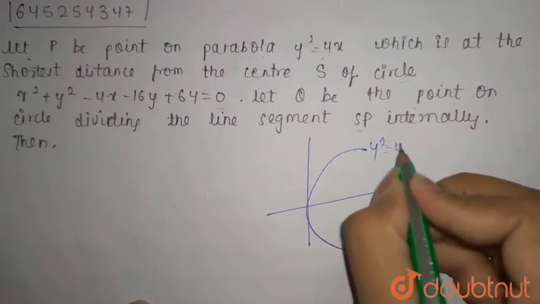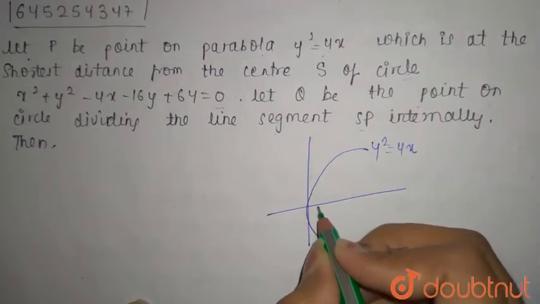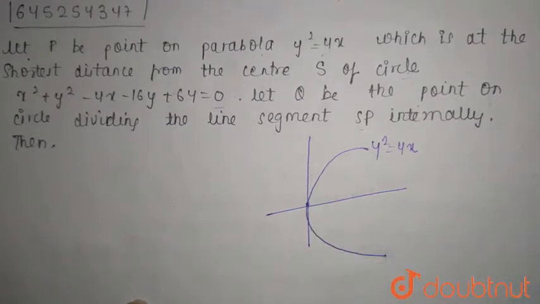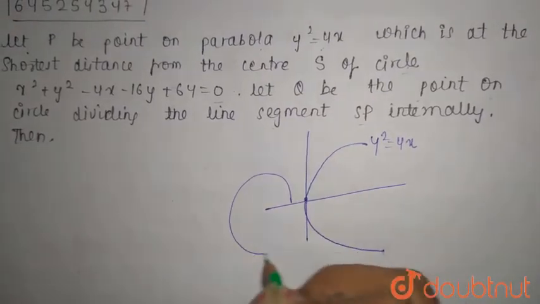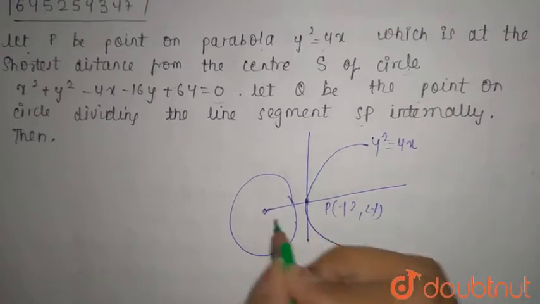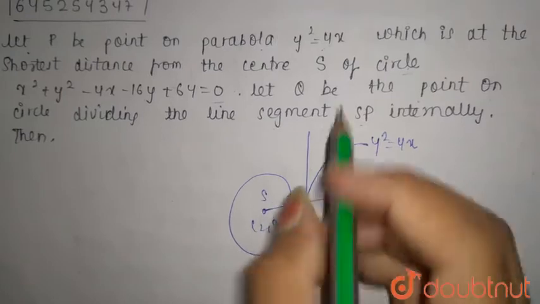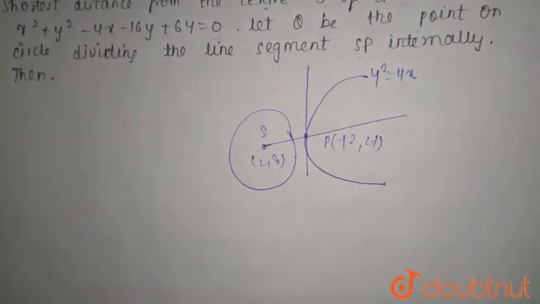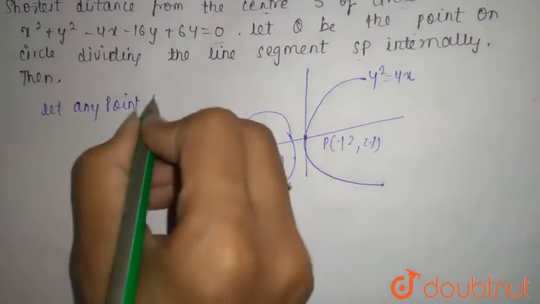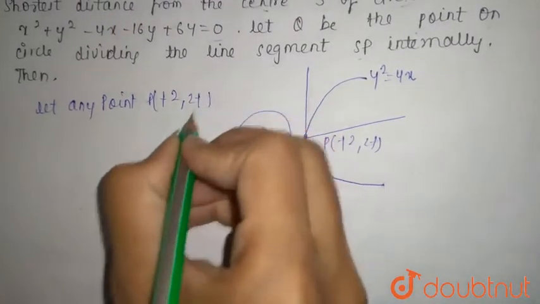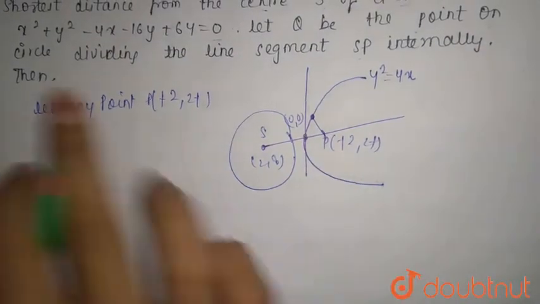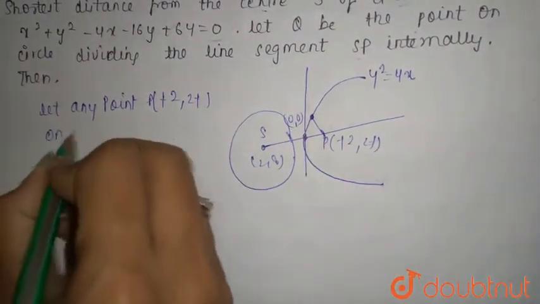This is a point on the parabola, and we have a circle as well. Let this point be (t squared, 2t), and the circle's center has coordinates (2, 8). This is S, the center of the circle. So S is (2, 8). Let any point P be (t squared, 2t), and this is the origin, (0, 0). Let's take any point (t squared, 2t) on the parabola.